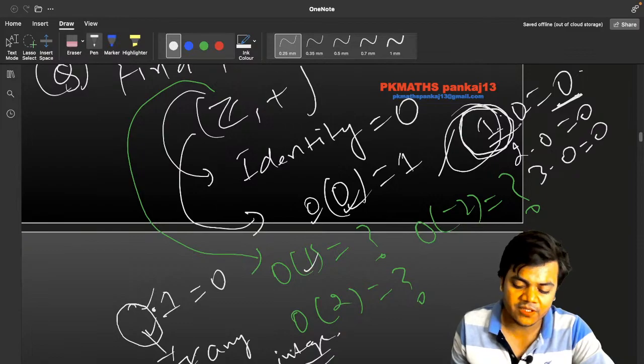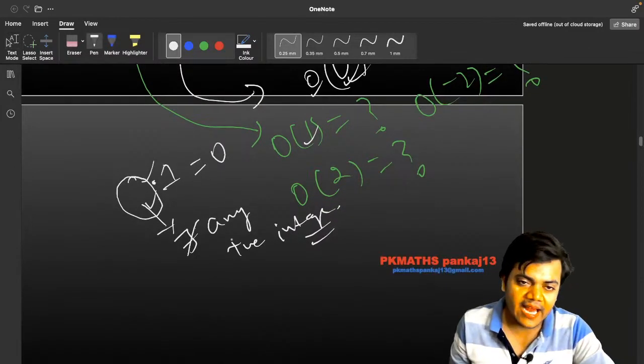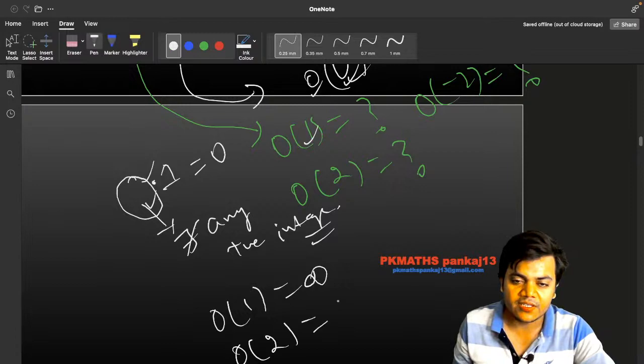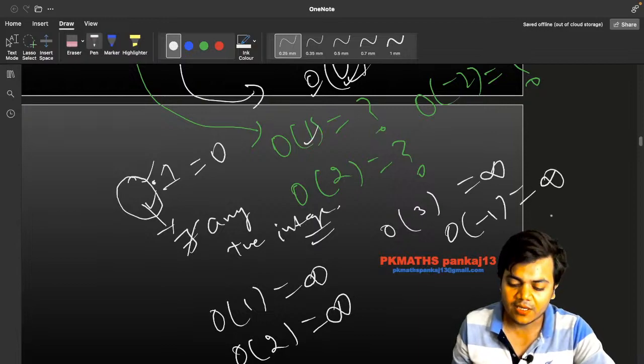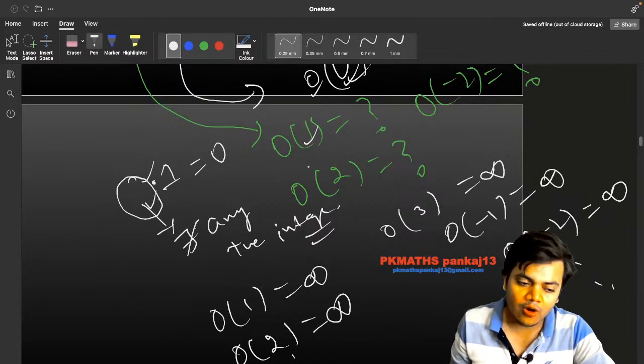Okay. तो जब भी ऐसा होता है ना, in that case we used to say the order of 1 is infinity, the order of 2 is infinity, the order of 3 is infinity, the order of -1 is infinity, the order of -2 is infinity. All the elements other than 0, the order of elements in Z will be what?